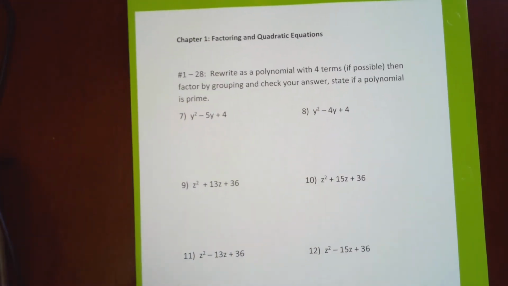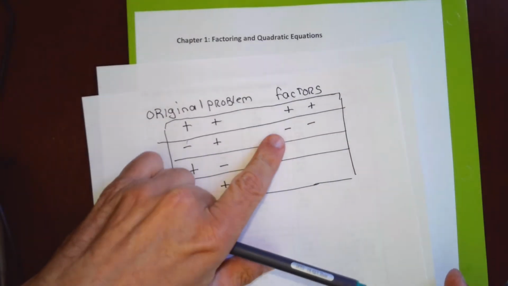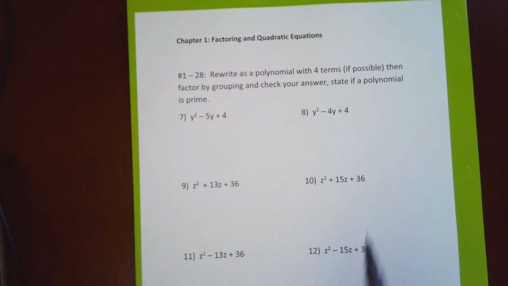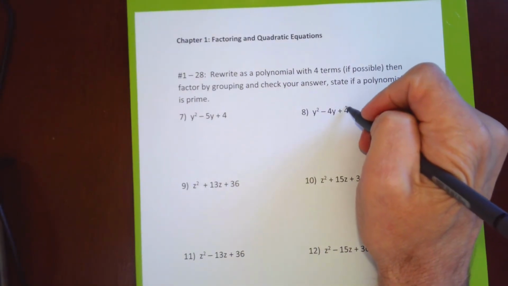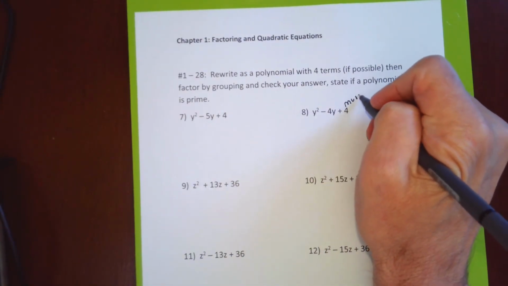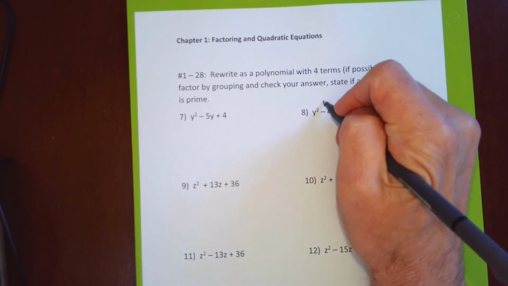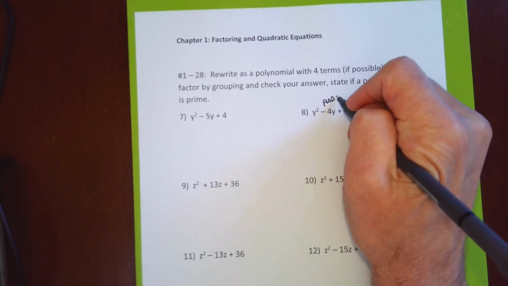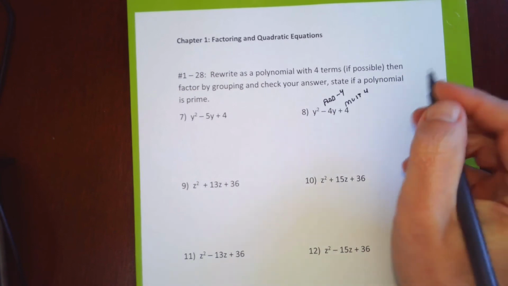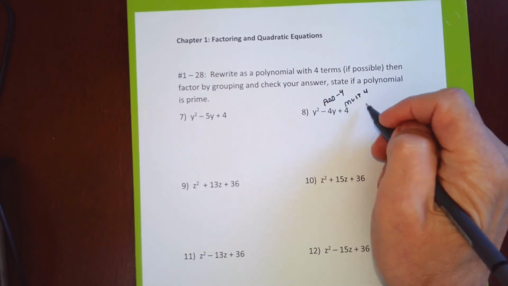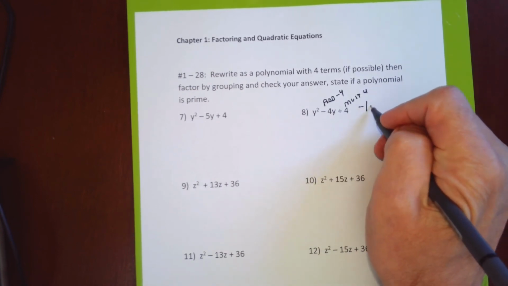Seven and 8, the signs are minus and plus. So I'm going to be looking for the double negative factors. So when I do number 8, I'm looking for numbers to multiply to positive 4 and add to negative 4. I need the double negative factors of positive 4.